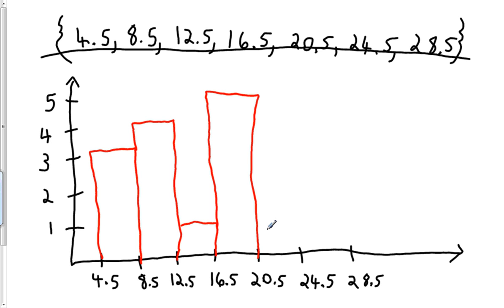And my last two frequencies are each 1. So I'm going to make a vertical bar 1 unit high for the fifth class, and a vertical bar 1 unit high for the sixth class. And there we have it. We have created our histogram.